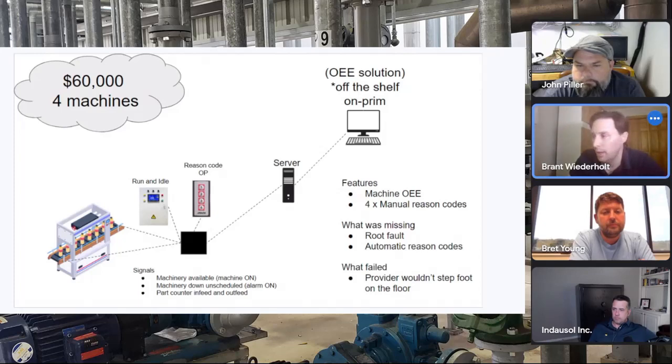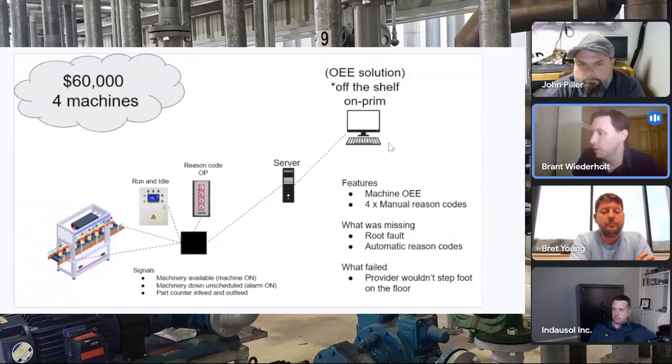Sometimes you need to add a couple of wires or signals, like the run or the idle. Sometimes they come with a little pendant where one button might be a maintenance issue and number two might be out of equipment. You can modify those buttons to be whatever you'd want, but those are the reason codes.